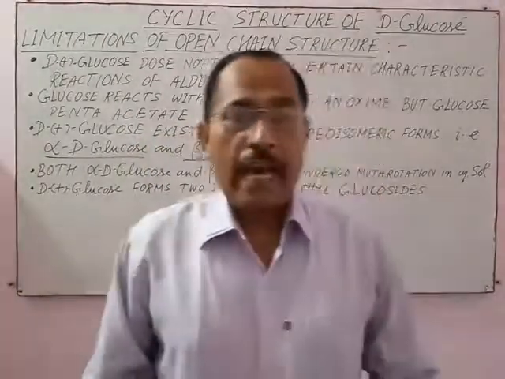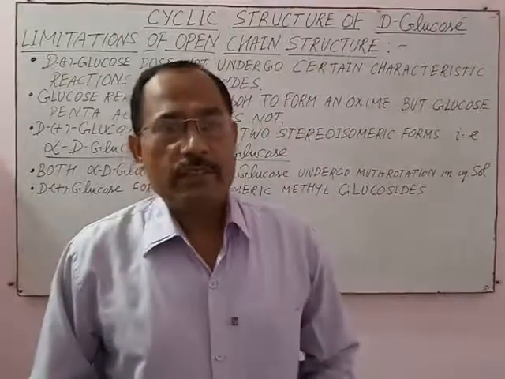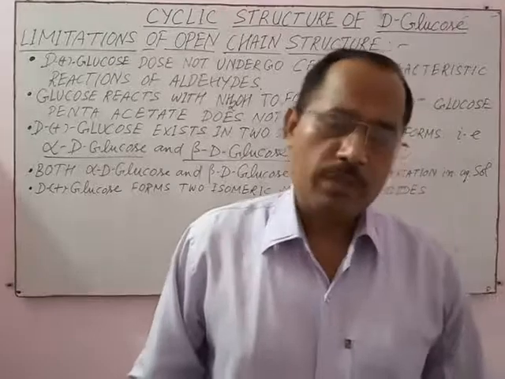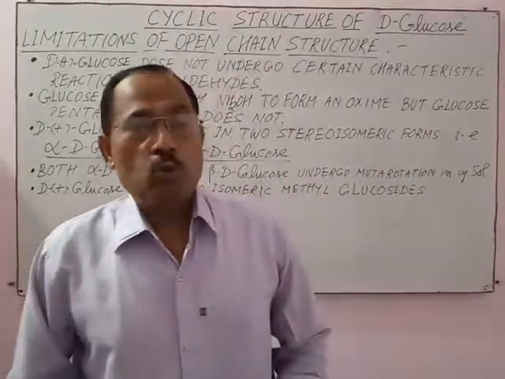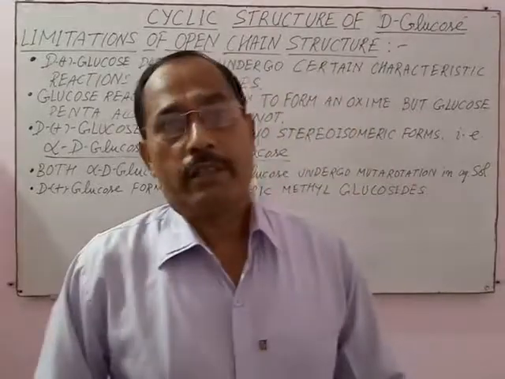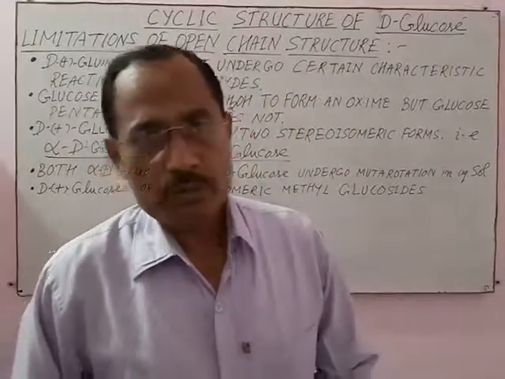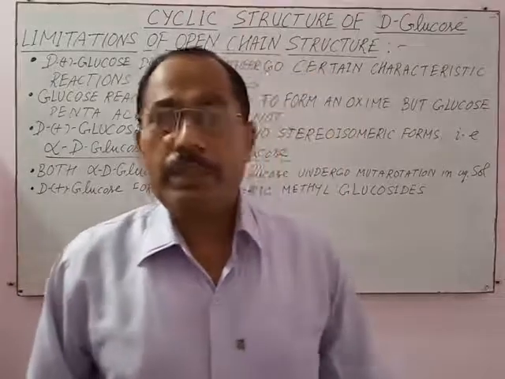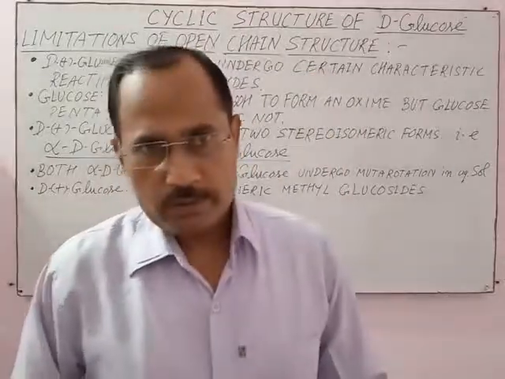These are the characteristic reactions of the aldehydic group. However, glucose reacts with bromine water and forms gluconic acid, which indicates the presence of a free aldehydic group in glucose.